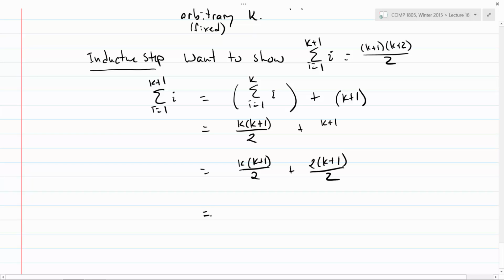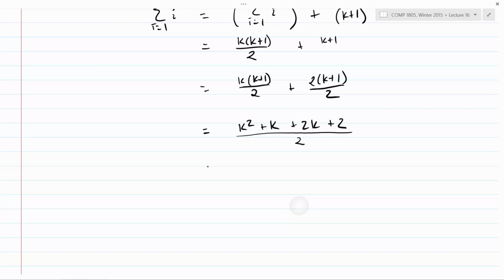Now I do a little bit of work. I could expand this out, and that's probably the easiest way to see it: k squared plus k plus 2k plus 2, all over 2. So this is k squared plus 3k plus 2 over 2.